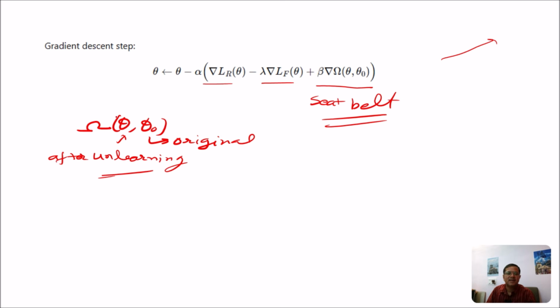So this entire equation says how far your model is from your original model after unlearning. How to calculate this? There are a lot of ways, but the simplest one is to use theta minus theta 0 whole squared. You can use KL divergence also, or a lot of other things. This is the simplest thing I am doing.